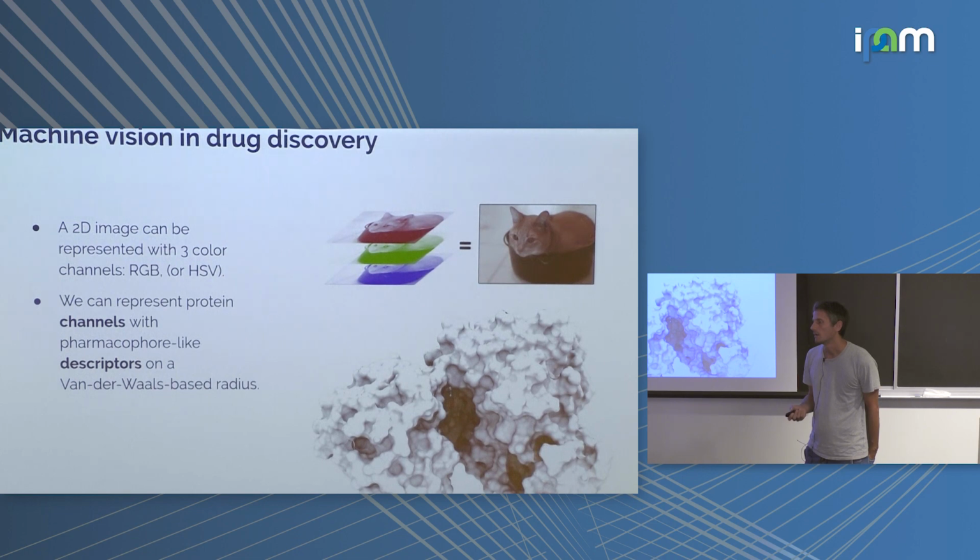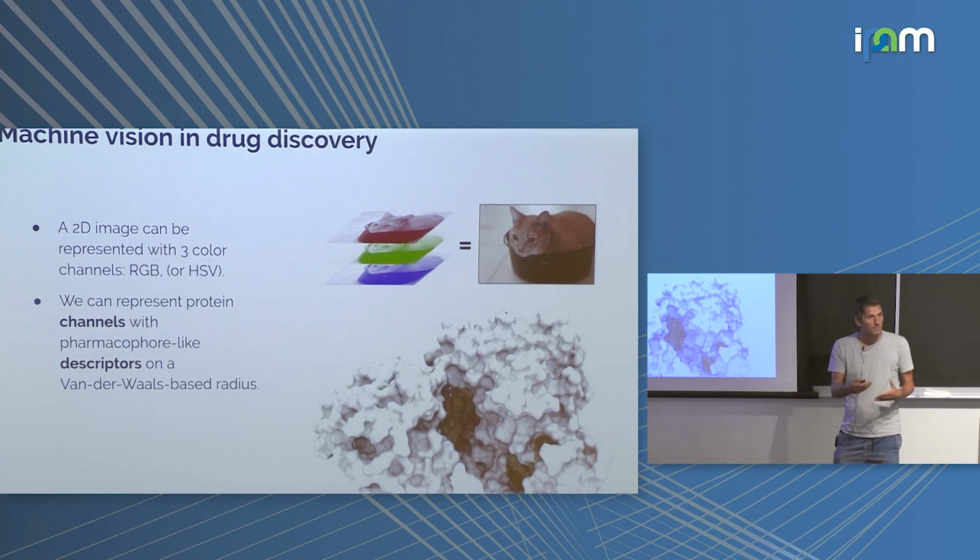What we decided to do was to exploit everything that has been done for machine vision, so be as close as possible to machine vision. In images you have a 2D representation with 3 channels, and a protein for us was a 3D matrix with multiple channels corresponding to physical chemistry properties.